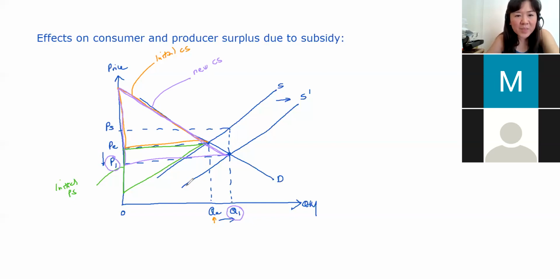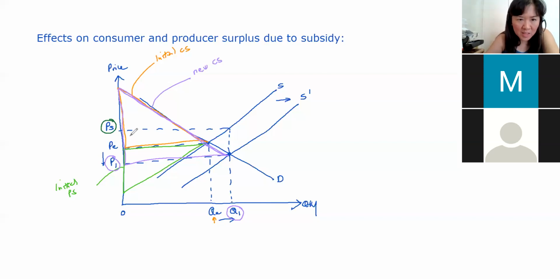Now, from the producers' perspective, they are also selling more. How much more? From QE increased to Q1. What they actually receive is PS for this quantity Q1.